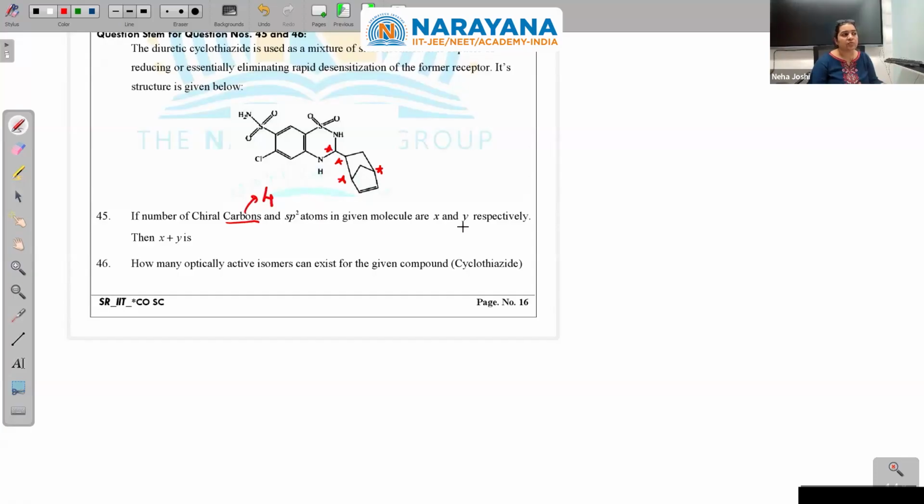And sp2 atoms in the molecule. sp2 atoms, primarily carbon: 1, 2, 3, 4, 5, 6, 7, 8.